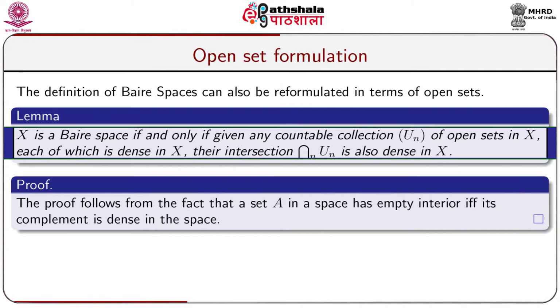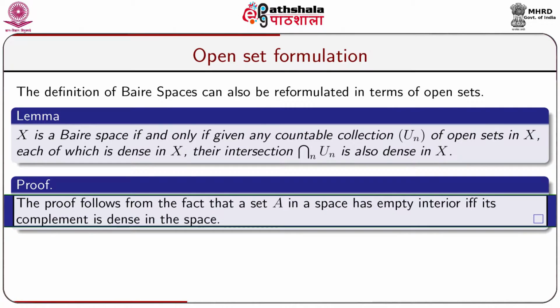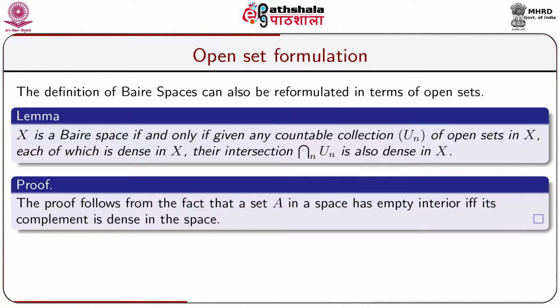Lemma: a space X is a Baire space if given any countable collection U_n of open sets, each dense in X, their intersection is also dense in X. To prove this lemma, it is sufficient to show that a set A in a space X has empty interior if and only if its complement is dense in that space.